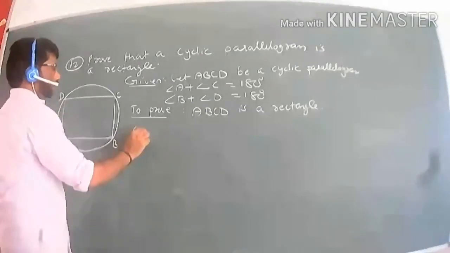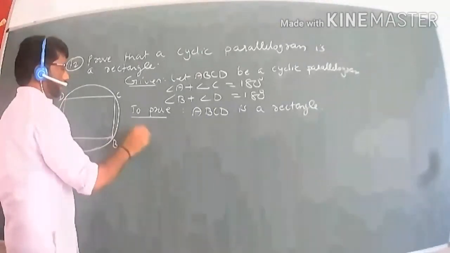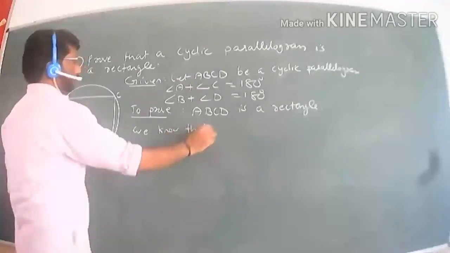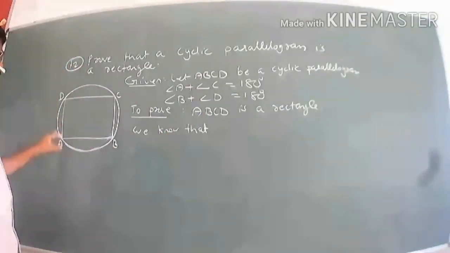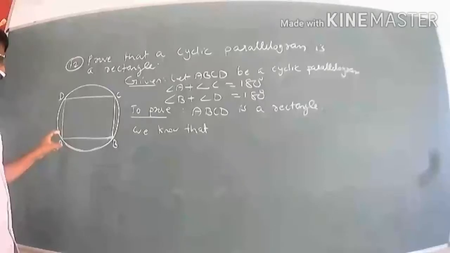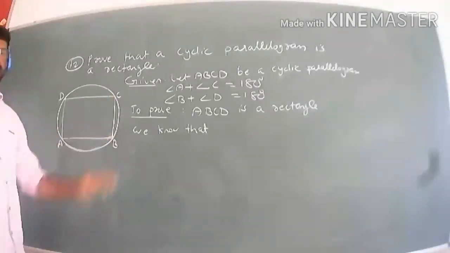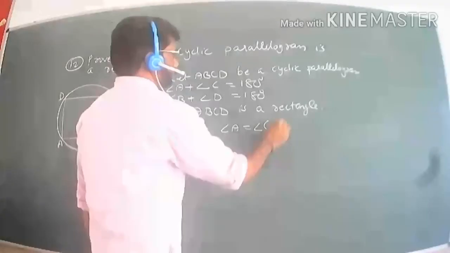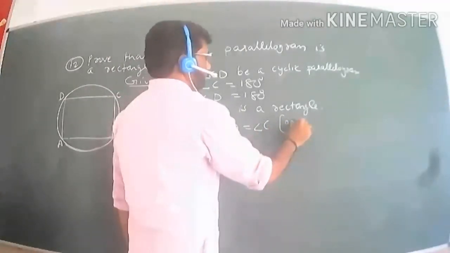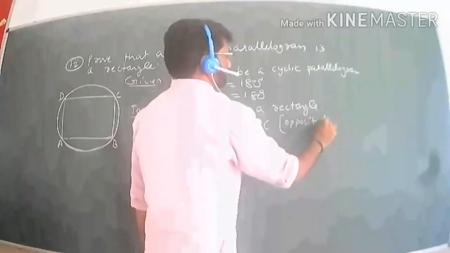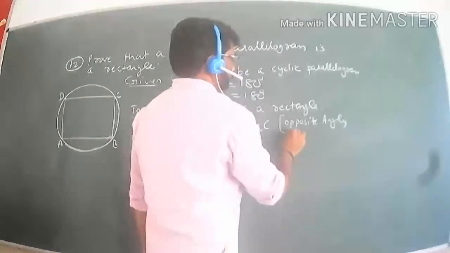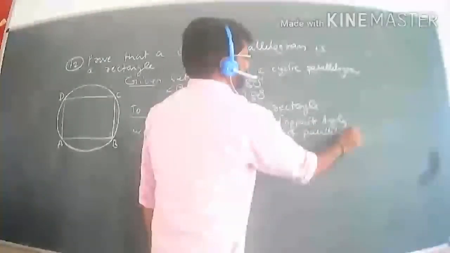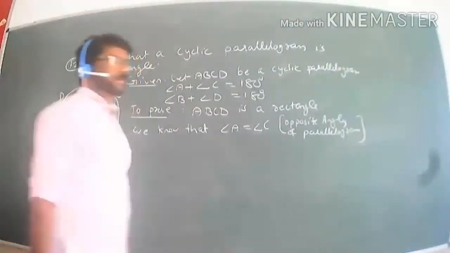So the proof is starting from here. We know that in a parallelogram, what are the properties of a parallelogram? One is that opposite angles are equal. Angle A equal to angle C, because opposite angles of a parallelogram are equal.